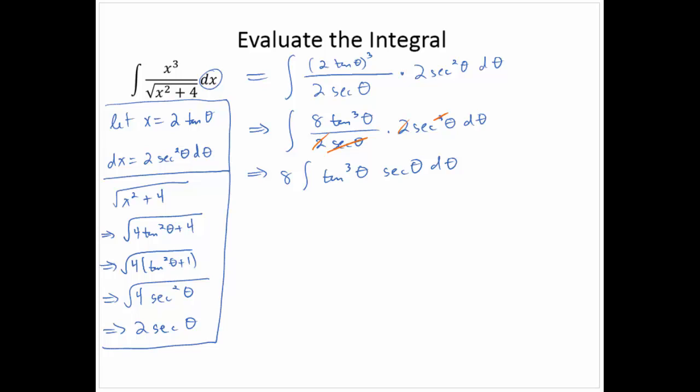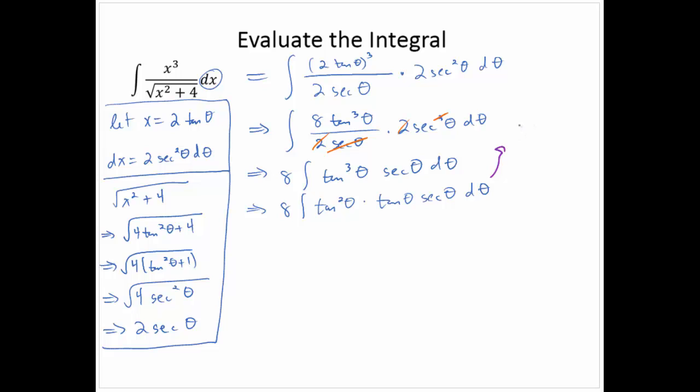All right, so now, remembering what we've learned in the previous section, since I have an odd power on the tangent, I'm going to rewrite this as 8 times the integral of, let's see, we're going to have a tangent squared theta times a tangent theta secant theta d theta. And I'll make the substitution now.